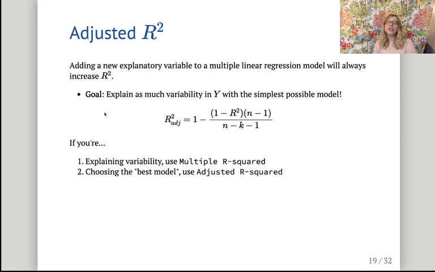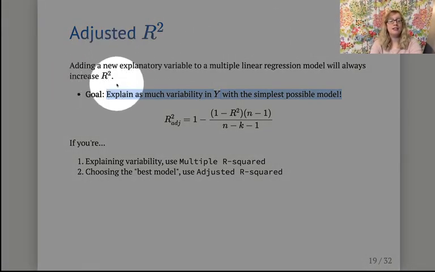Now, when we're trying to choose the best model, because there are going to be multiple models that we could check, we could add variables, we could delete variables, our goal is going to be to explain as much variability as we can with the simplest possible model. Unfortunately, the more variables we add, the more this R-squared will go up.